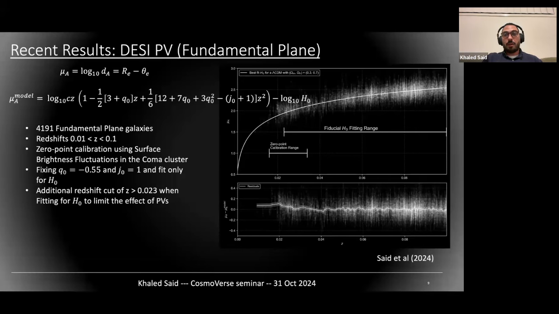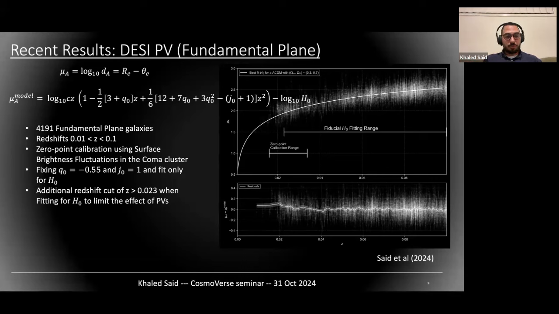For year one data, we'll have many clusters, many SBF galaxies anchored to TRGB or to Cepheids, and we'll try to do both sides. But for this one, we're using only one SBF galaxy in Coma to do our zero-point calibration.